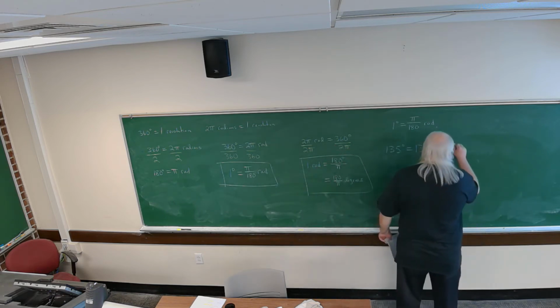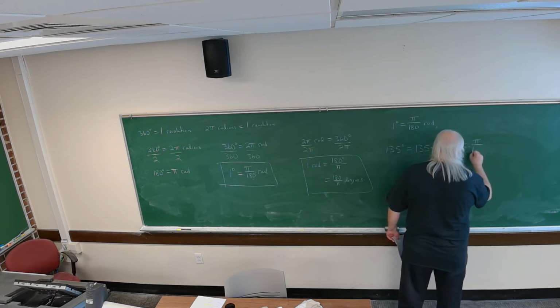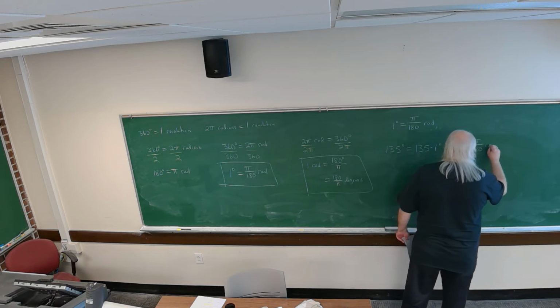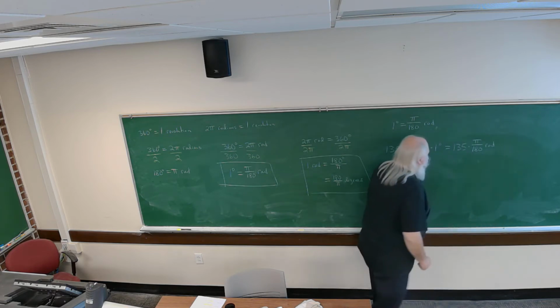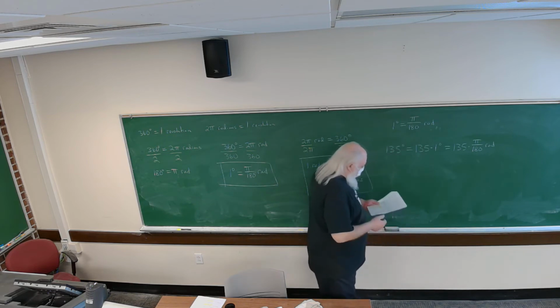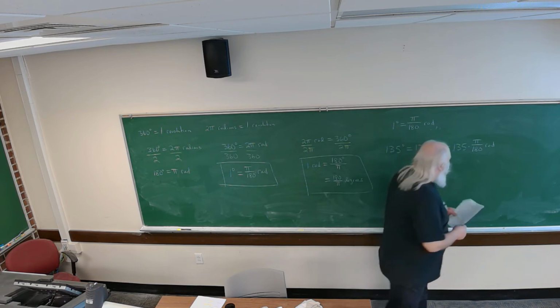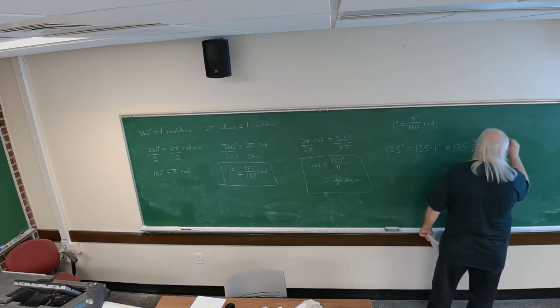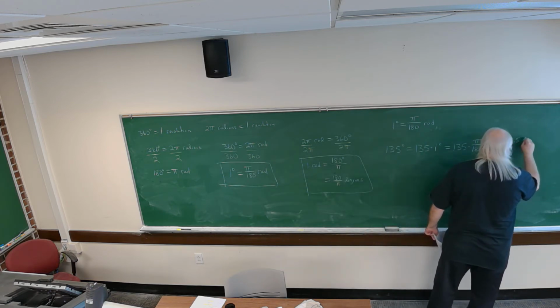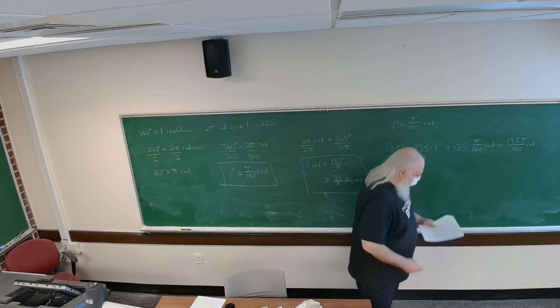So then I have 135 times pi over 180 radians. Well, that is equivalent to 135 pi over 180 radians. And I gotta simplify the fraction, right?